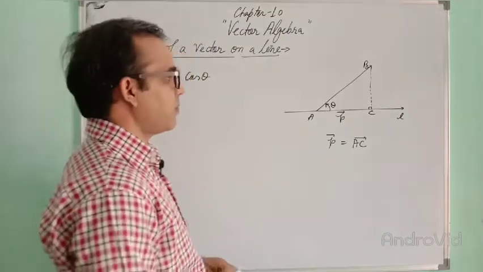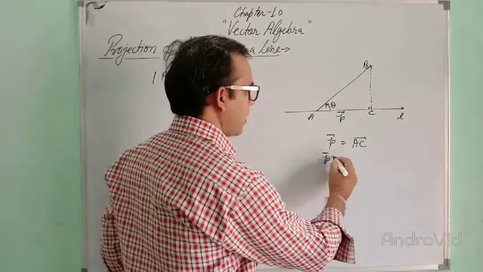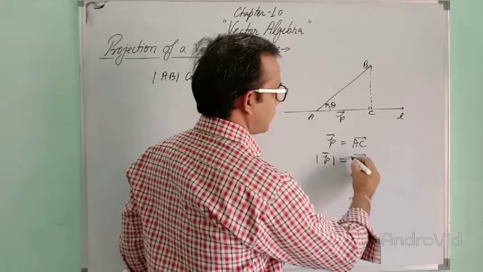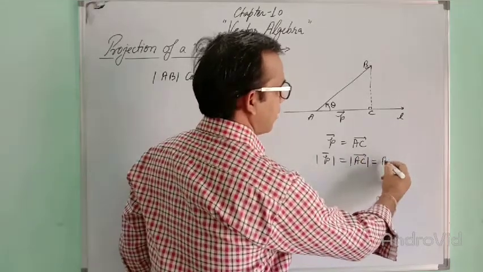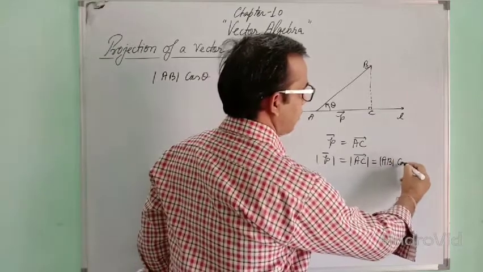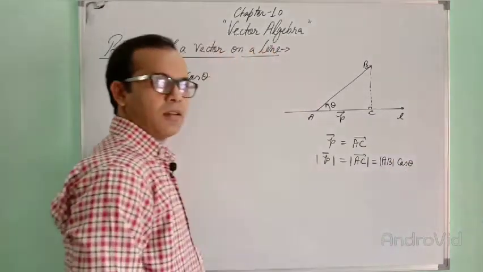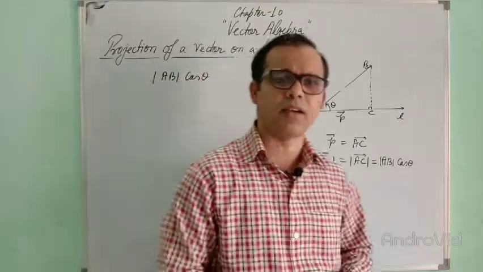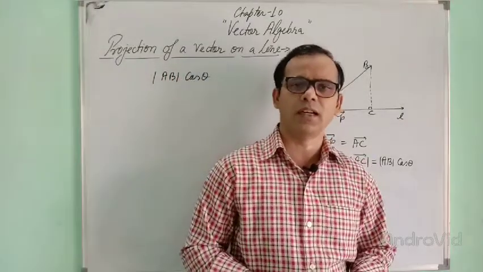And what about the magnitude of this? So the magnitude of P vector is the magnitude of AC vector, and that will be equal to AB cos theta. Clear?